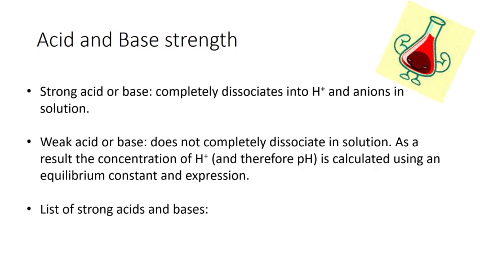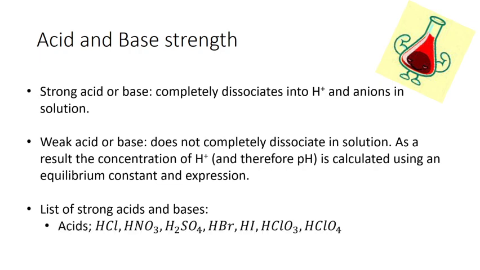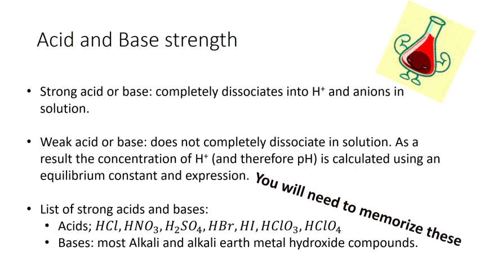So here we have a list of strong acids and bases, and as it says right there, you will need to memorize the list of strong acids and what constitutes a strong base. So here we have hydrochloric, nitric, sulfuric, hydrobromic, hydroiodic, chloric acid and hypochloric acid.